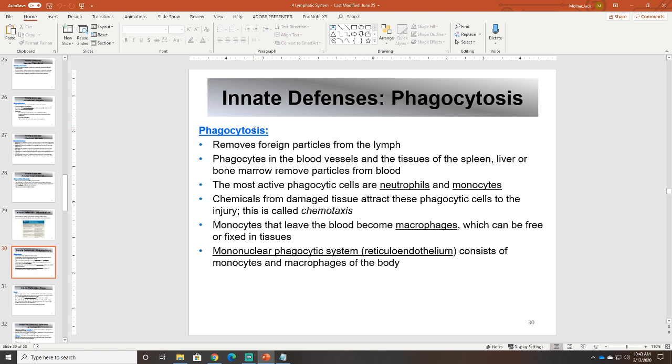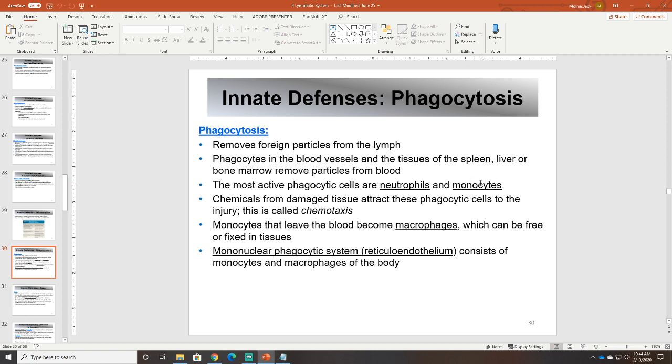Phagocytosis, we mentioned, is cellular eating, and it removes foreign particles from the lymph. Basically, macrophages eat cellular debris, they eat garbage that's floating around in the lymph. All right. Good. The most active phagocytic cells are the neutrophils and the monocytes.